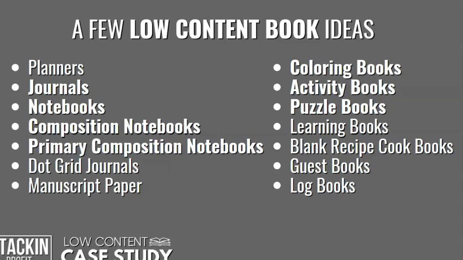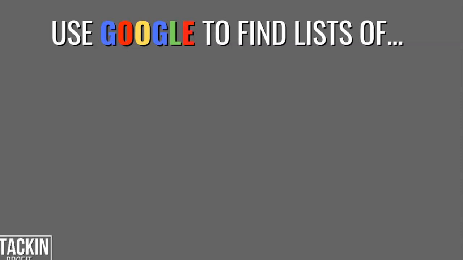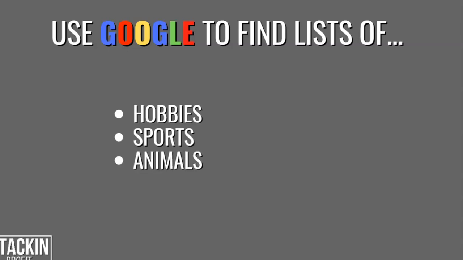Now, once you have your book type in mind, whether that's notebooks, composition notebooks, colouring books, you need to understand how to find niches. And with niches, they're absolutely everywhere. What we can do is use Google to find lists of hobbies, sports, animals, pets, food, jobs. Within these different types, there's lots of different niches.